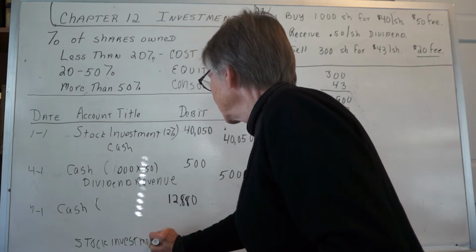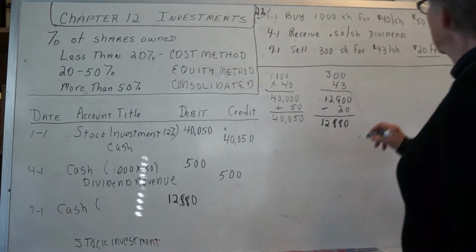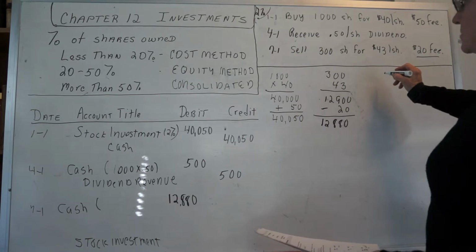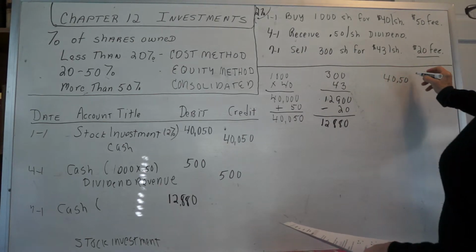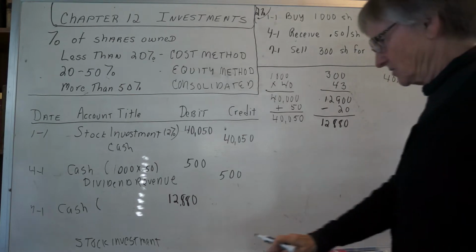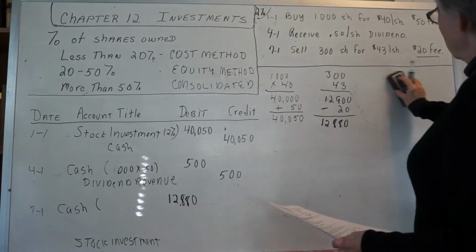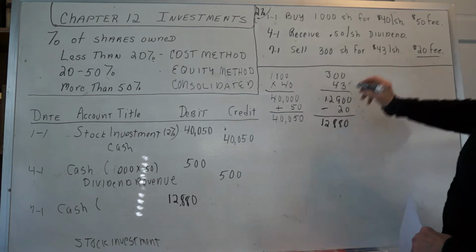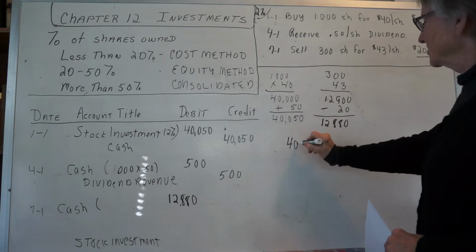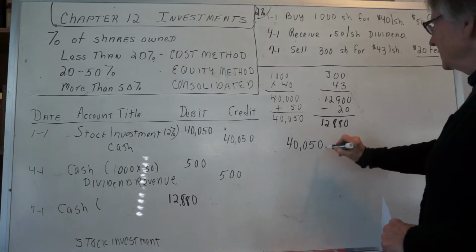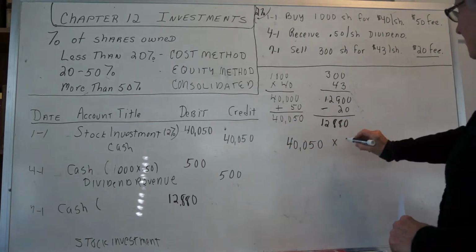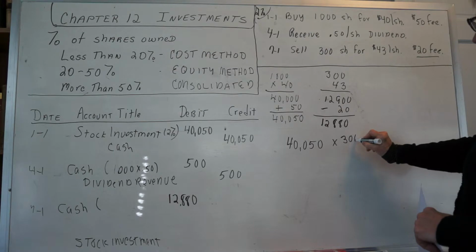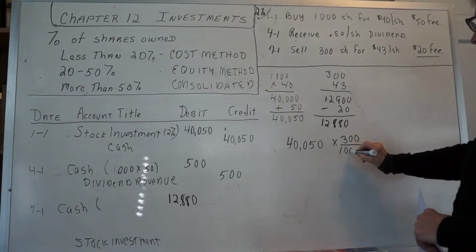and to arrive at a cost for that, we're simply going to take the total cost base, which was the $40,500. That's not right. We're going to take the total cost base of $40,050. Okay, and that's what we've got on the books. We're going to multiply it by the percentage we sold, so we sold 300 out of 1,000 shares.